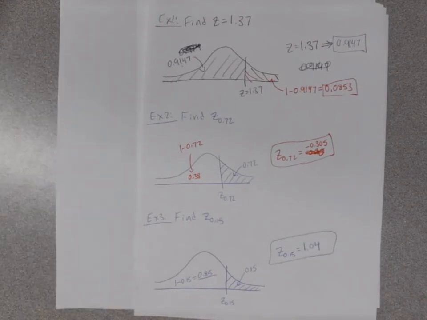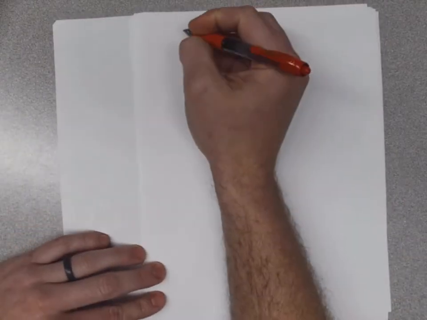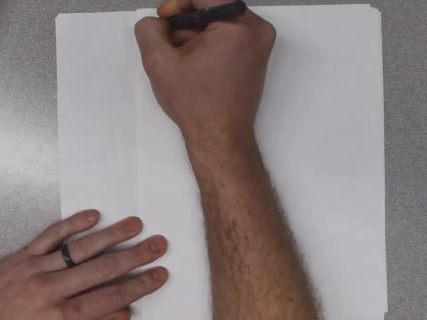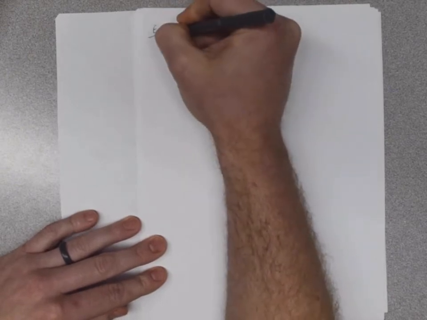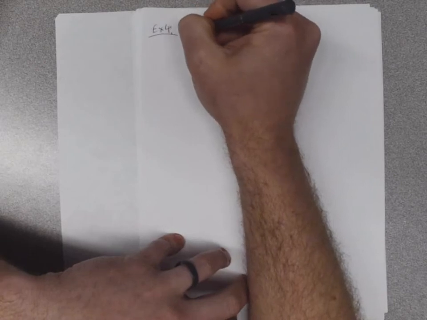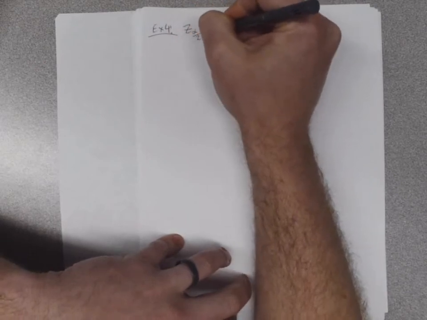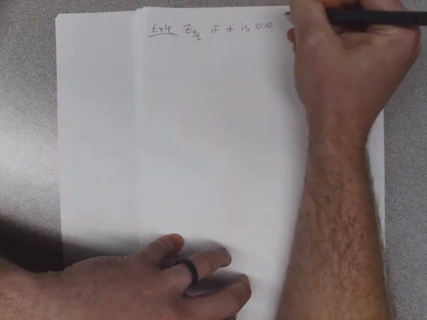All right. So z alpha over 2 is going to be very similar to this. Let's look at one of those. All right, we'll call this Example 4. And now let's find z alpha over 2 if alpha is 0.1.